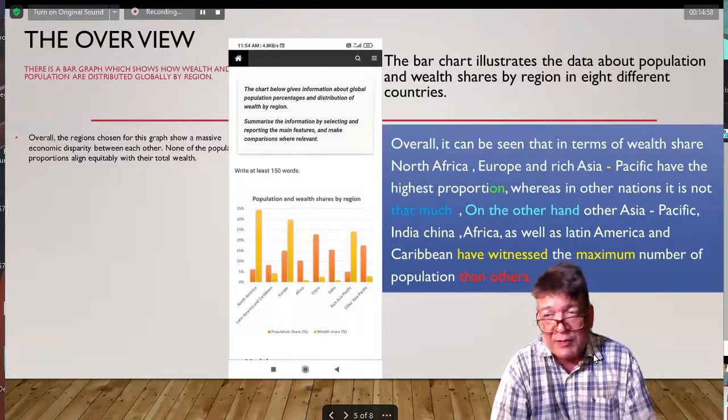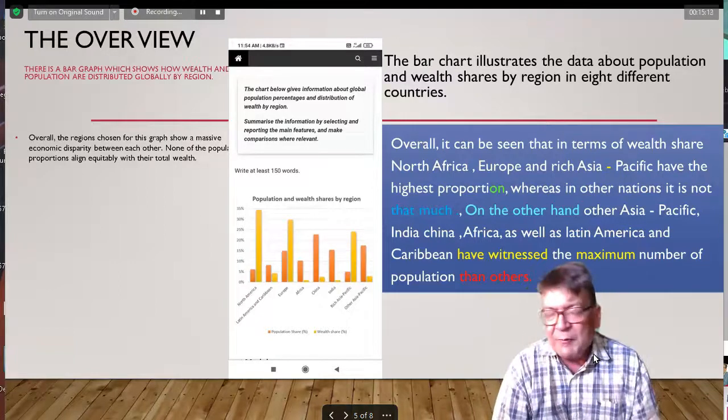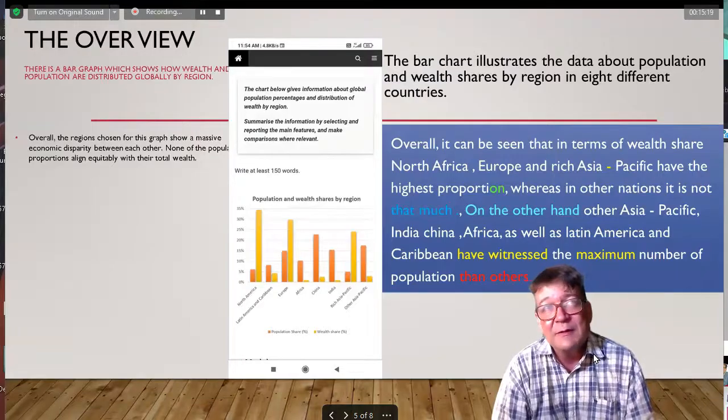Nope, that's not the correct use of the word maximum. I'm seeing the word maximum in a lot of people's reports lately being used incorrectly. It's the new mistake of the year. Maximum means the most that you could possibly have. And how can all of those regions have a maximum than others?